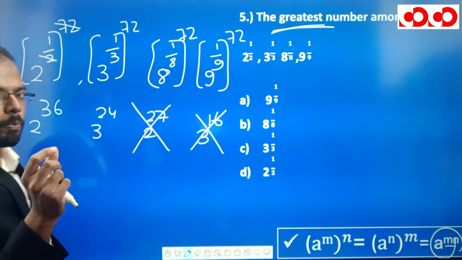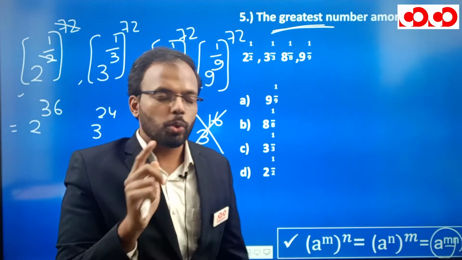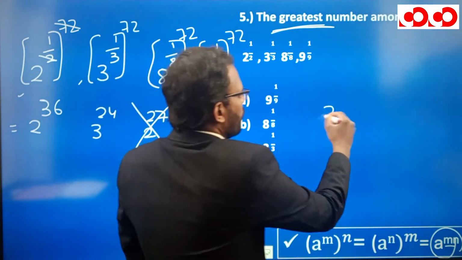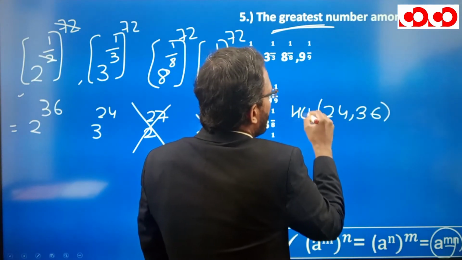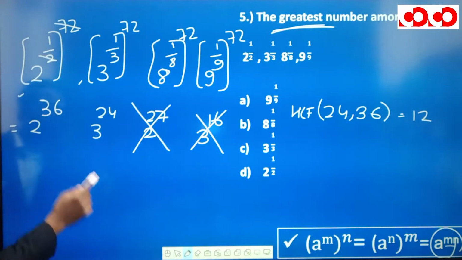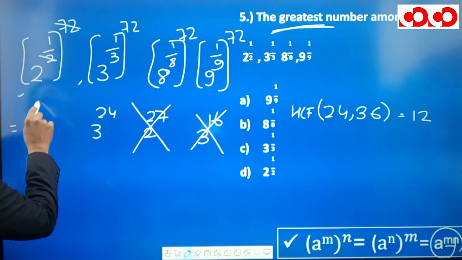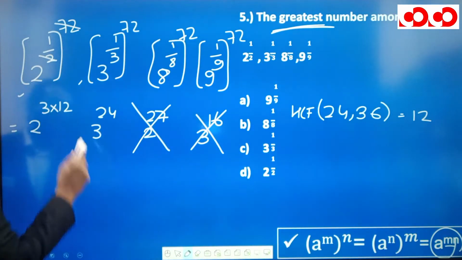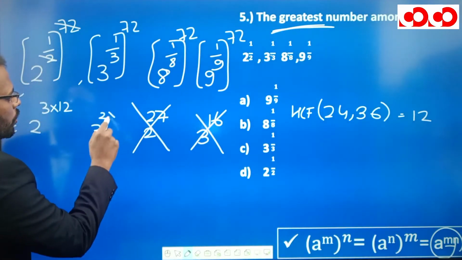So the only option is to find the common power of these two numbers. So the common power of 24 and 36. Take out the HCF. What is the HCF? You will say it is 12. So see, this 36 can be written as 3 into 12, and this 24 can be written as 2 into 12, right?